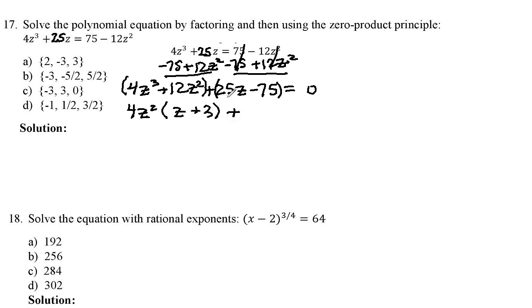And then 25 is the common factor between 25 and 75, so you can pull out that 25. Z is left here. Minus 25 goes into 75 3 times. And, oh, yeah, I'm sorry, this actually should be negative 25z.